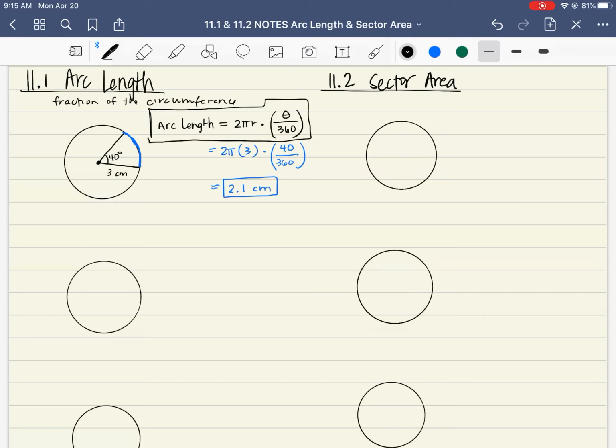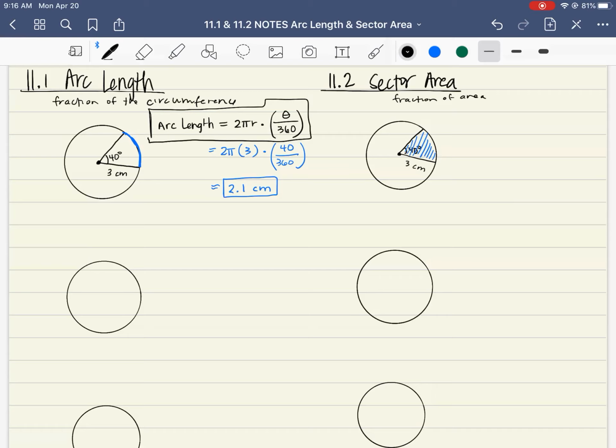Now I want you to notice sector area is very similar, but in this case this is a fraction of the area. I'm going to use the same example that I did on the left. If this is 3 centimeters and I want to find this sector area with an angle of 40 degrees, instead of just finding that arc length, we're finding what the area of this slice would be.